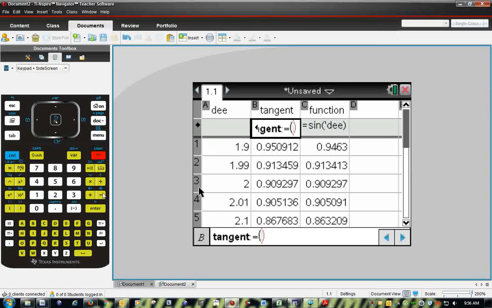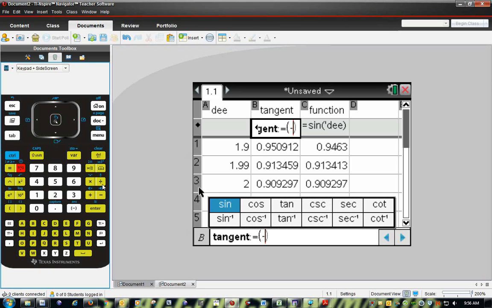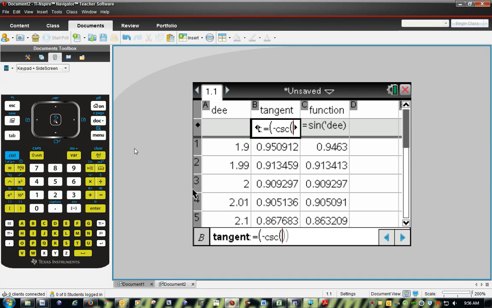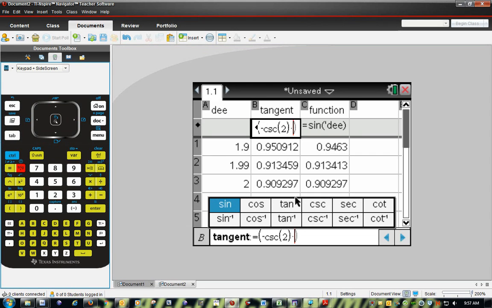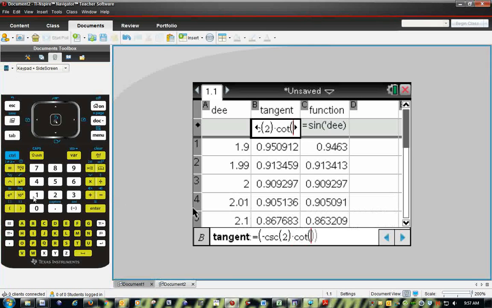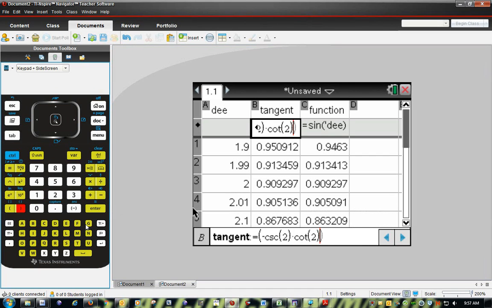I'm going to get the negative cosecant of 2 times cotangent of 2, and then close that up.